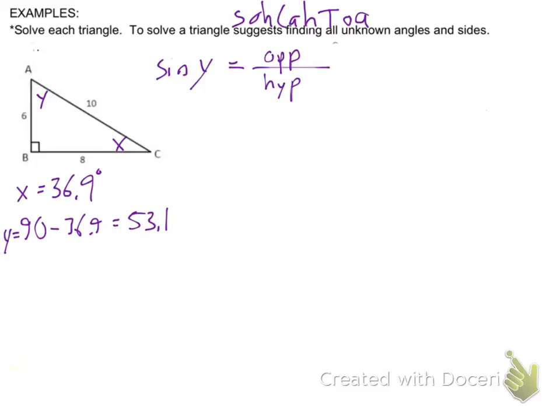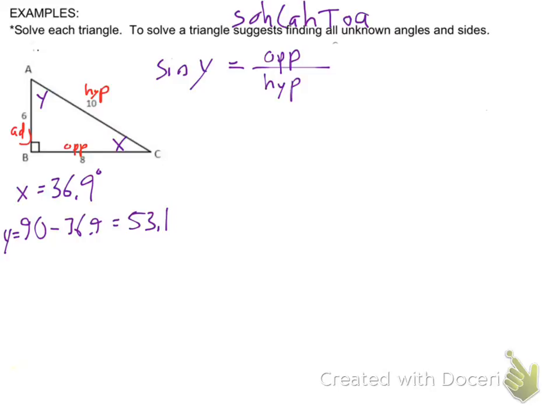So where's the opposite? What side? 8. 8 is opposite. Adjacent is, oops, adjacent, and the hypotenuse is 10. So I asked you to do that. You really write it down once.